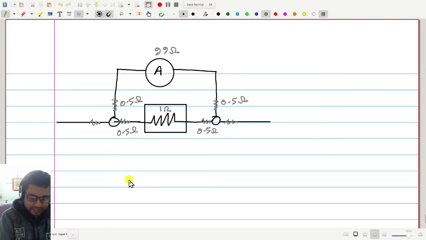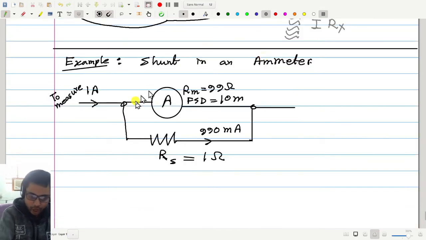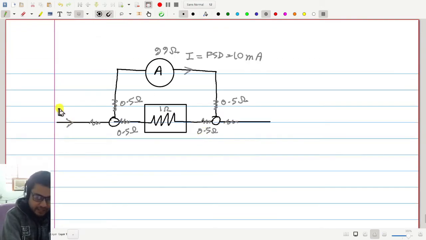Now let us check, does this contribute to any error in current measurement? Suppose when full scale deflection current flows here, I equal to FSD equal to 10 milliampere, then according to our previous calculation we will think that here, let me call it IM, and this I equal to 1000 milliampere or 1 ampere.